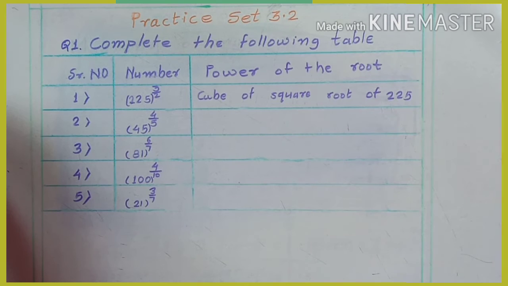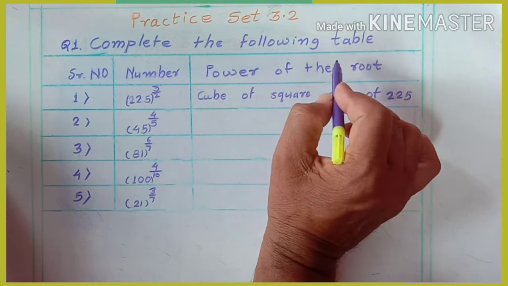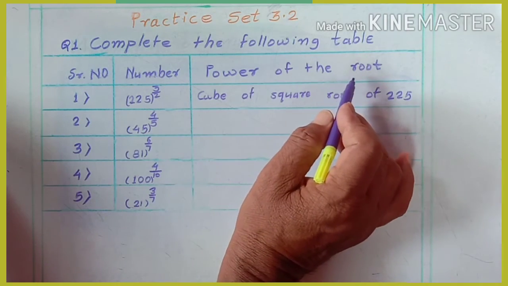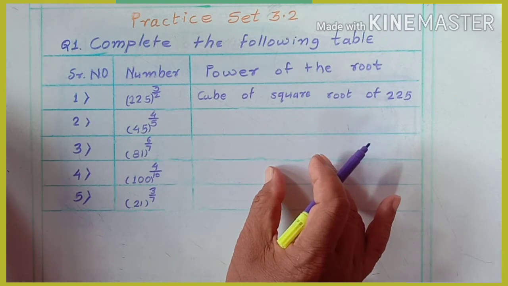Practice set 3.2. Question 1. Complete the following table. Serial number, power of the root. Up to here we will see the first part of the table.